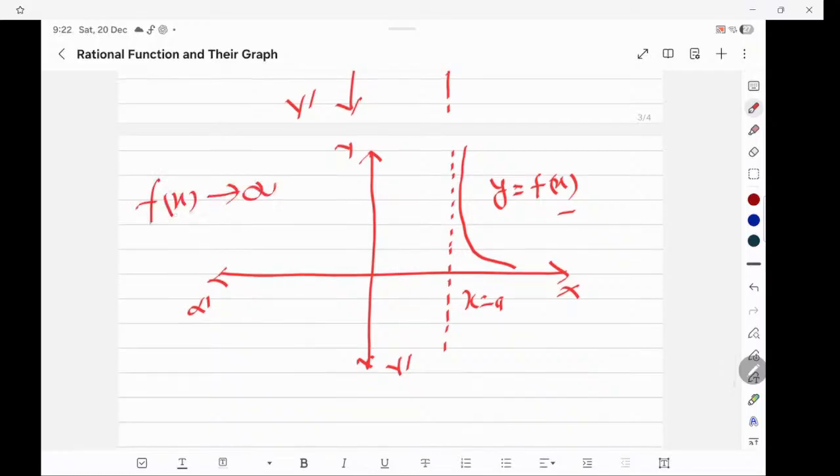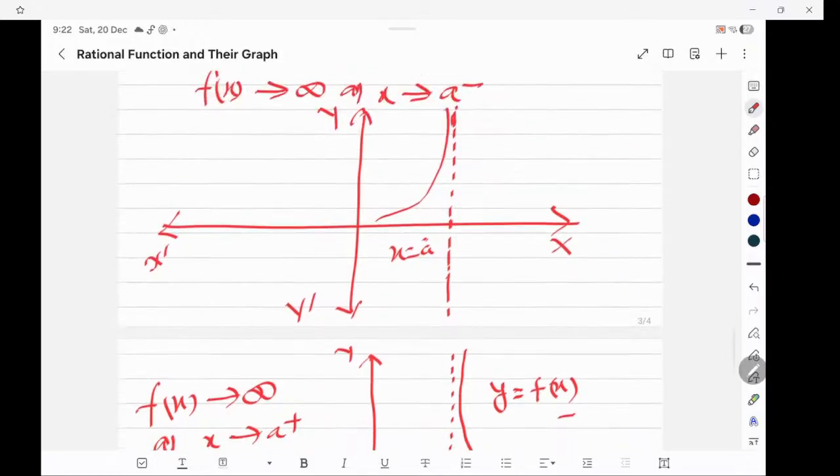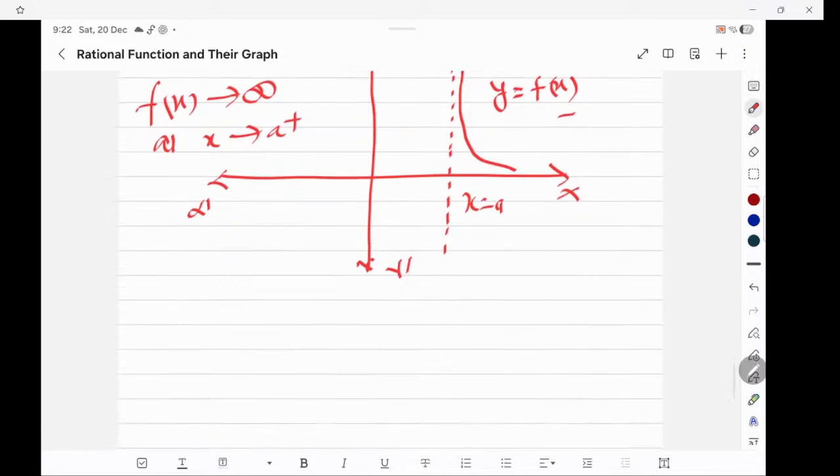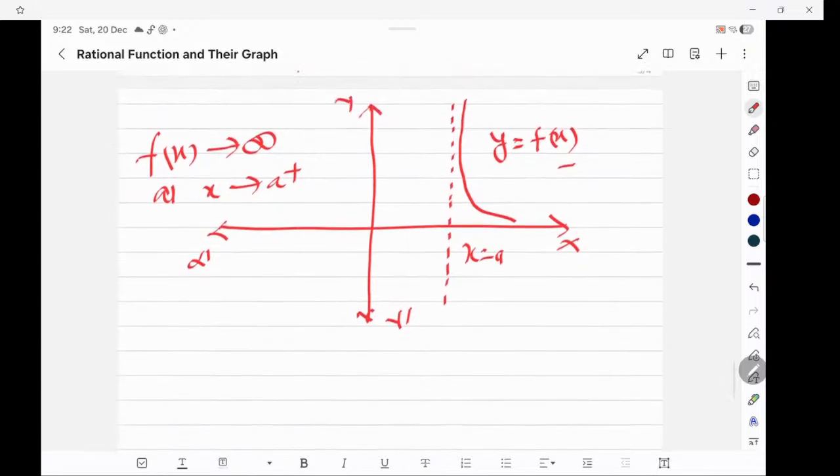Here f(x) approaches infinity, f(x) goes to infinity as x goes to a plus. That is, the left side is a minus, and on the right side, a plus, f(x) also goes to infinity.